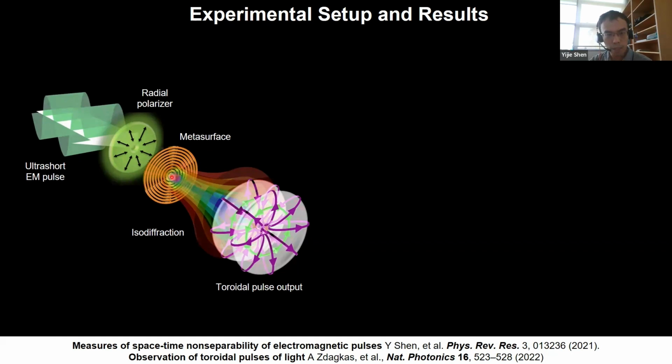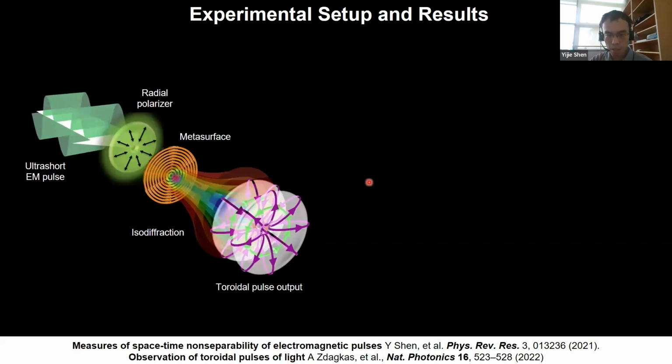The inside responds to the blue component, and with the radial gradient, the outside responds to the red component. So from blue to red, every color diffracts at the same rate, as in the iso-diffraction configuration.